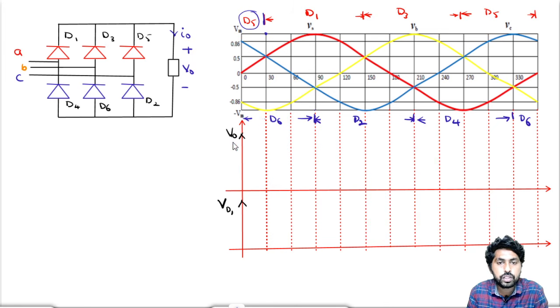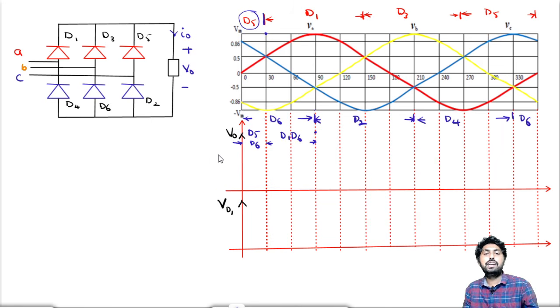So from 0 to 30 degrees, it will be D5 and D6. After 30 degrees, D1 will get into the conduction state, but at this instant D6 will turn off and D2 will turn on. So from here to here, the combination will be D1 and D6.